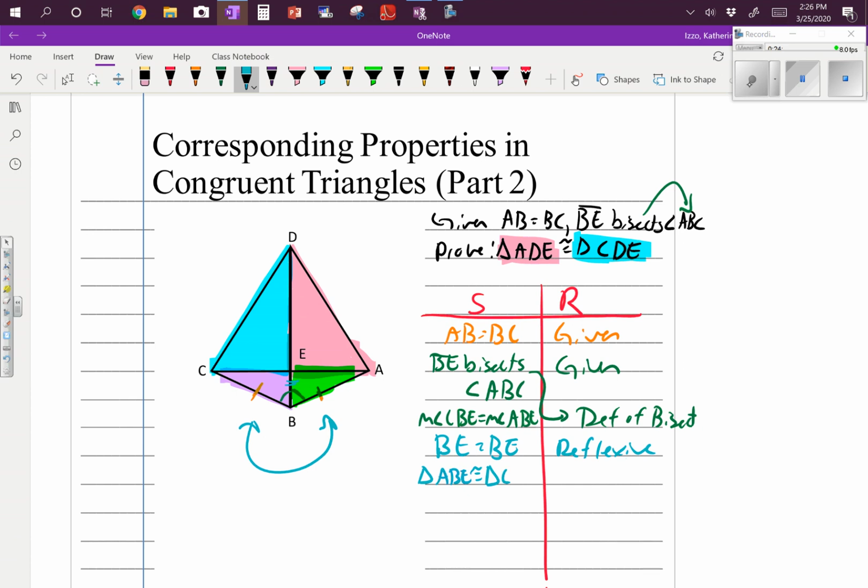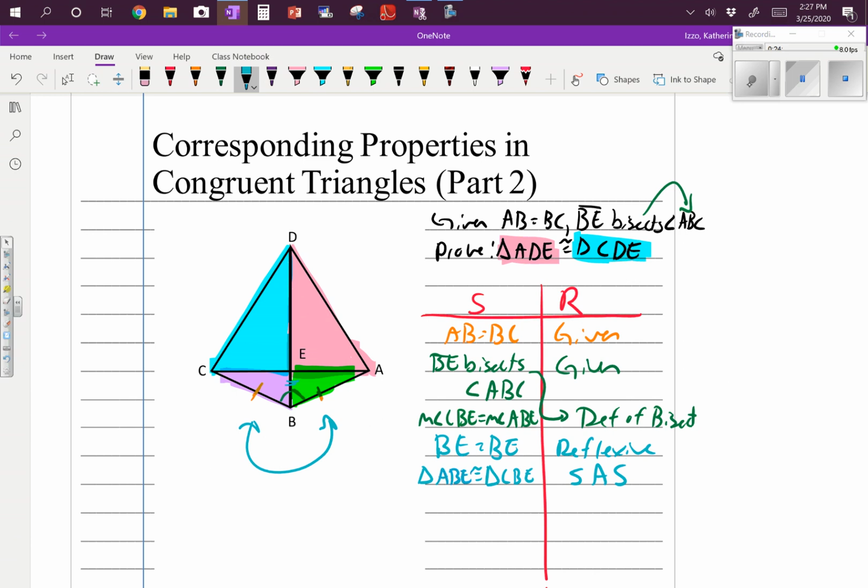A matches with C, B matches with B, and E matches with E, by side, angle, side, because my angle B is trapped between my two sides that I have. So I've got the green and I've got the purple triangle.